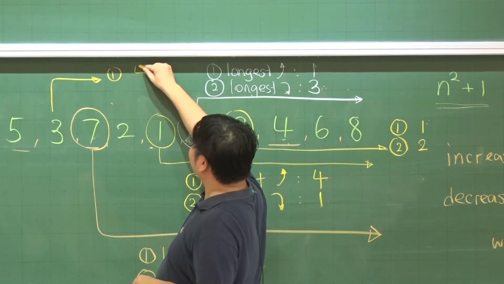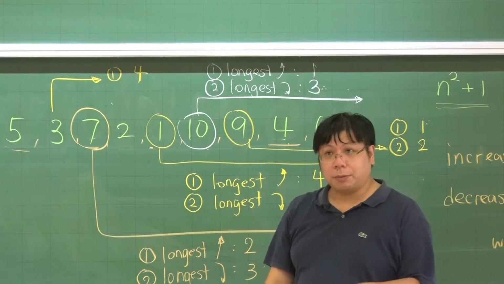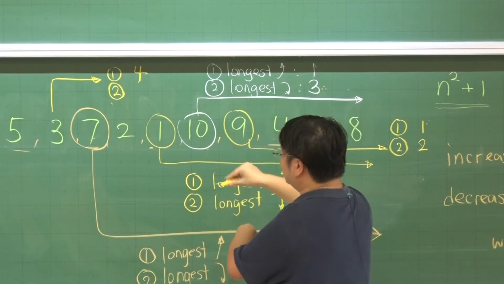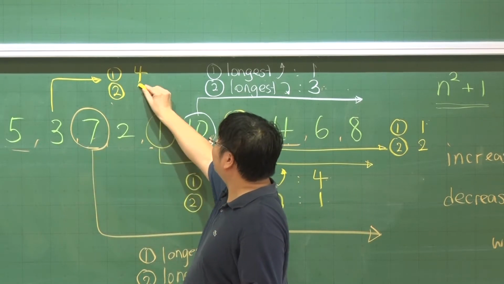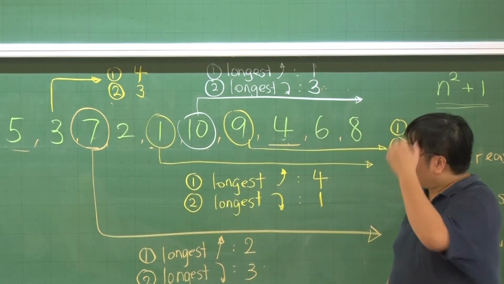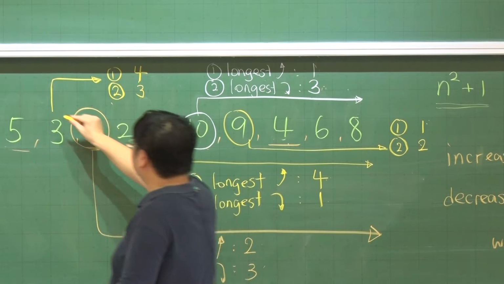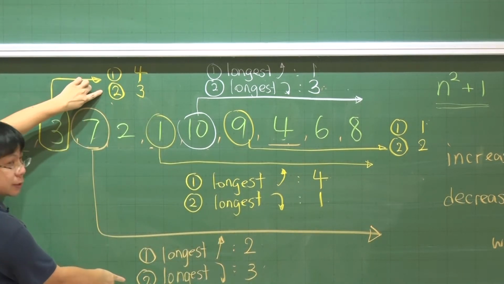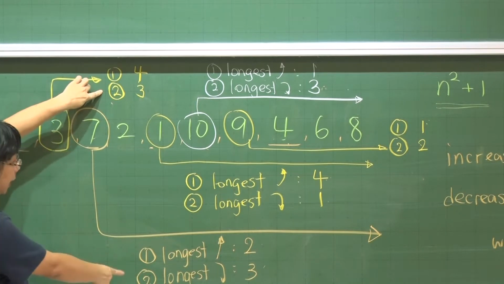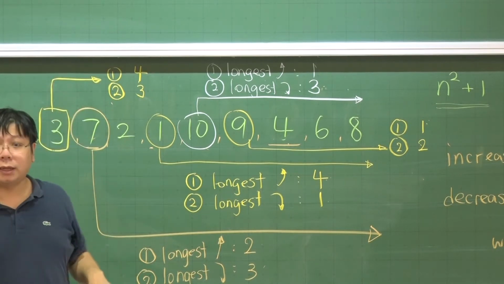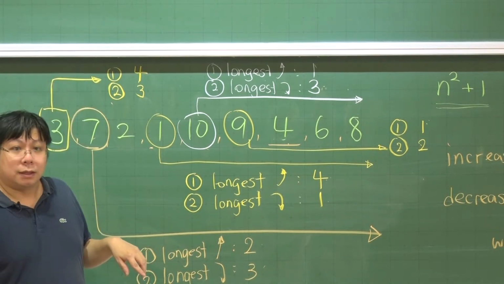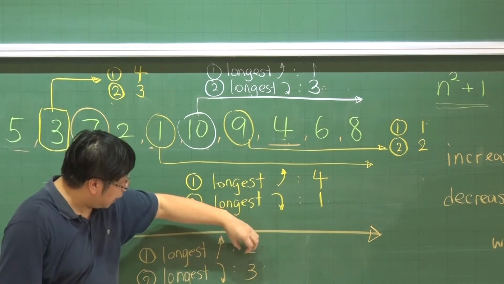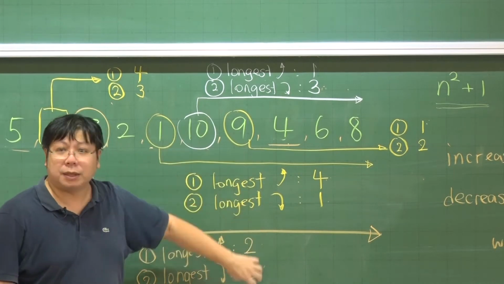So the longest increasing will be 4, and the longest decreasing will be 3 to 1 of length 3. Is that okay? Now if you compare this 3 and this 7, they have the same longest decreasing, right? But in that case, they don't have the same longest increasing. Okay? I'm claiming that they can have the same part for one thing, but the other part has to be different.